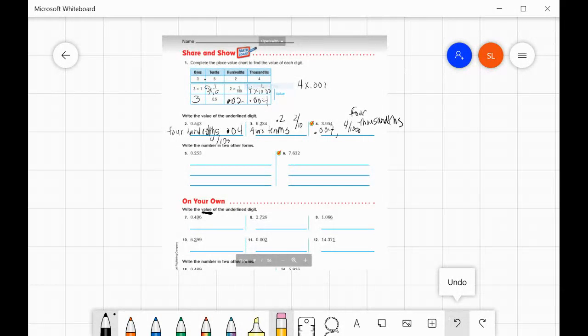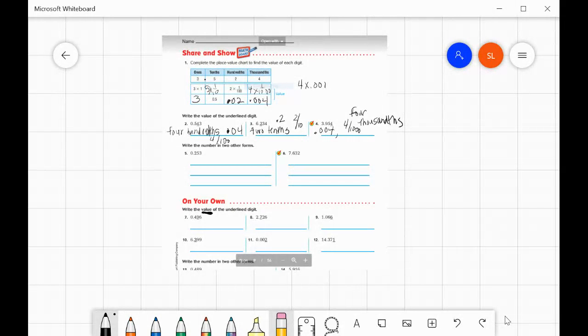Okay. All right, write the number in 2 other forms. So this one, they really don't give you enough lines to do this, so yours is probably sloppy and mine's probably going to be sloppier. So we have 253 thousandths.